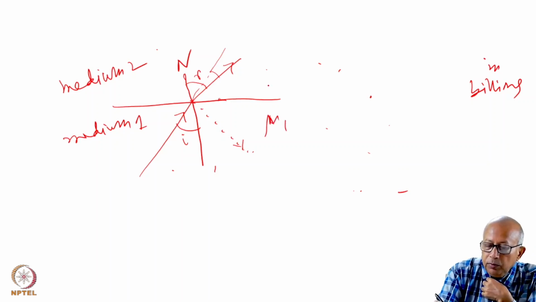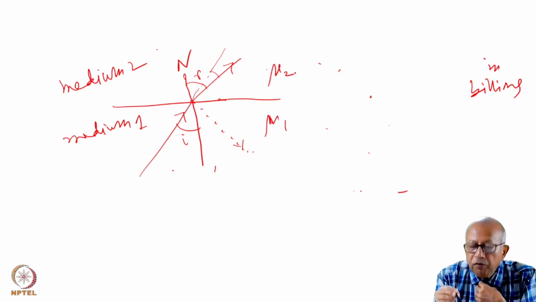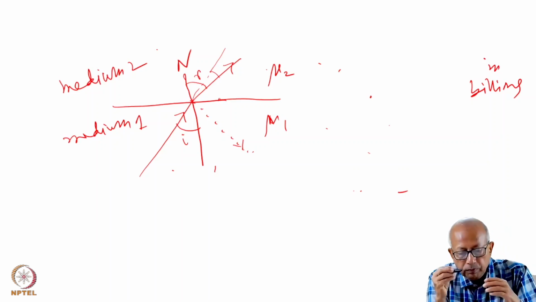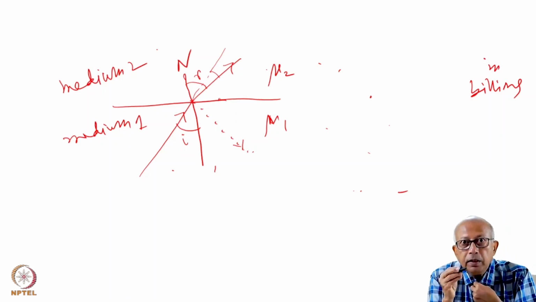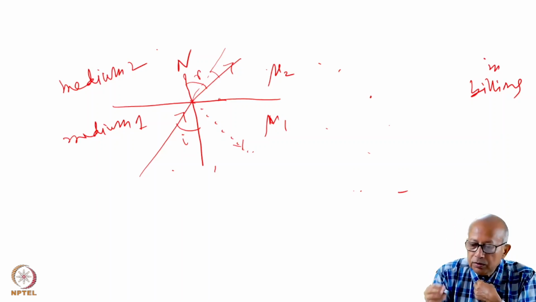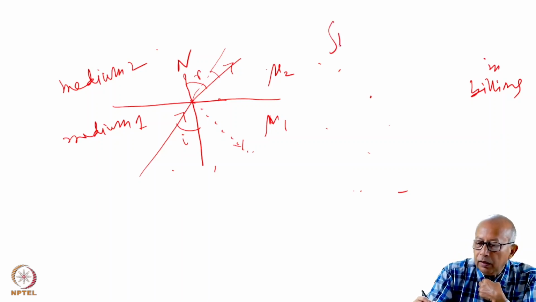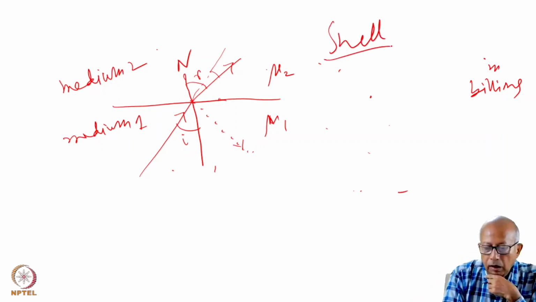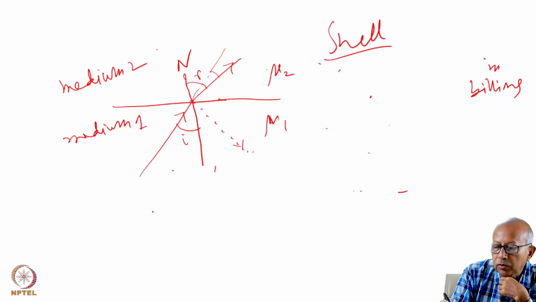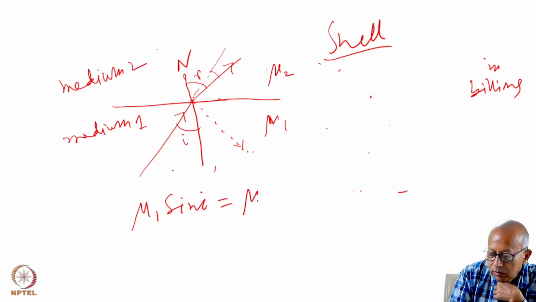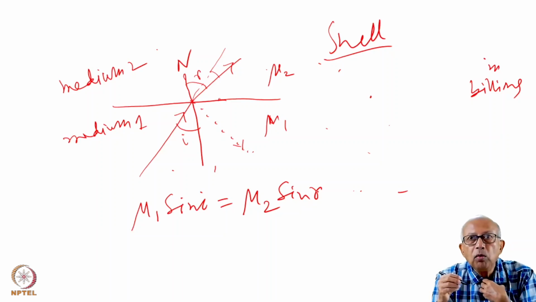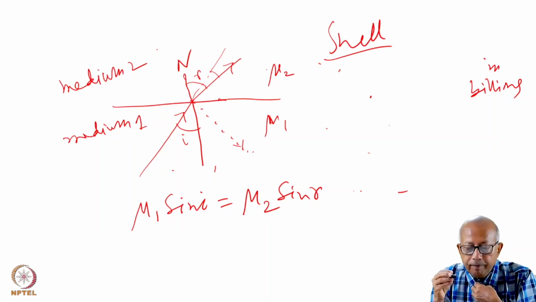So this is mu1, this is mu2, the refractive index of the two media, by a Dutch physicist, Snell. And the relation between mu1 and mu2 and the angles of incidence I and R is this: mu1 sin I equal to mu2 sin R. This is popularly known as Snell's law of refraction.